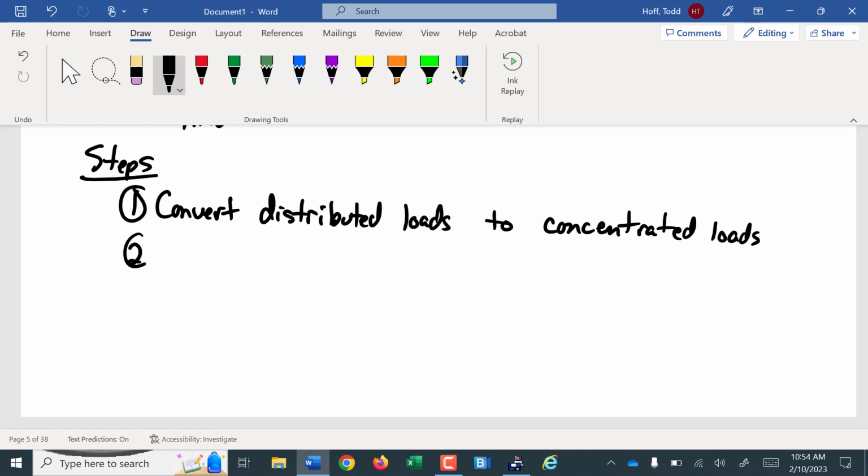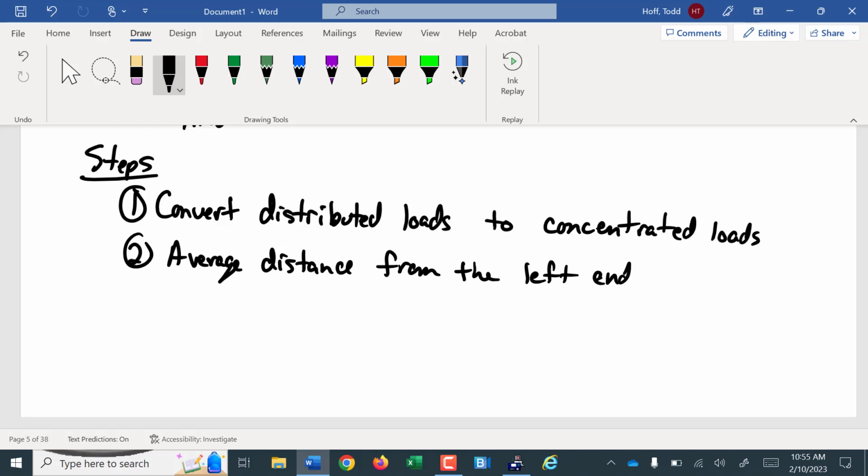And then from there you find the average distance from the left end. So number 6 is going to take a few minutes.